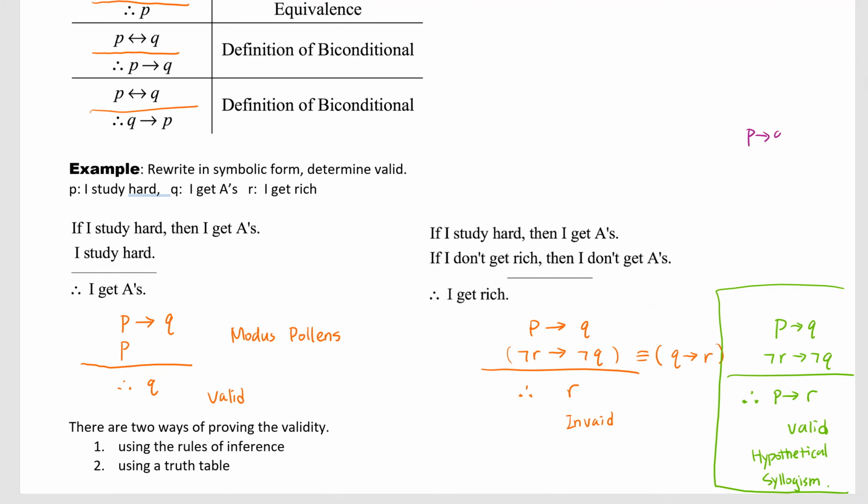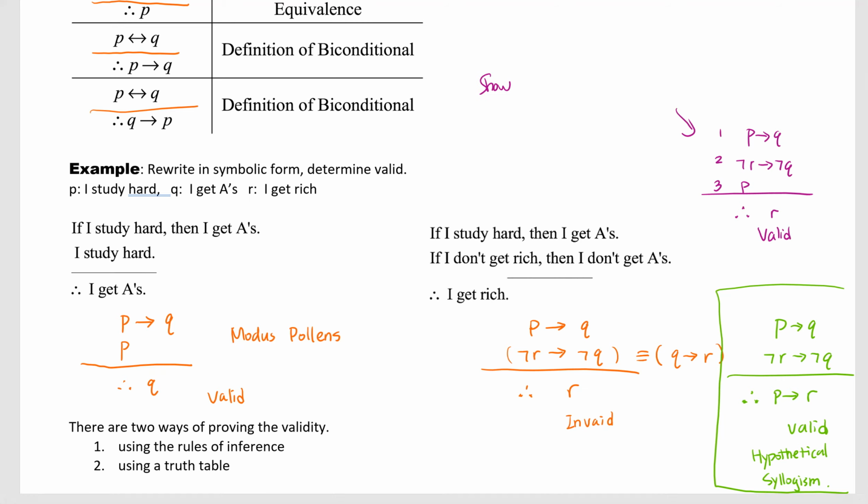If we have P implies Q and not R implies not Q, and if we have P, then therefore R. So this one is valid. Why this is valid, we can actually show it here.